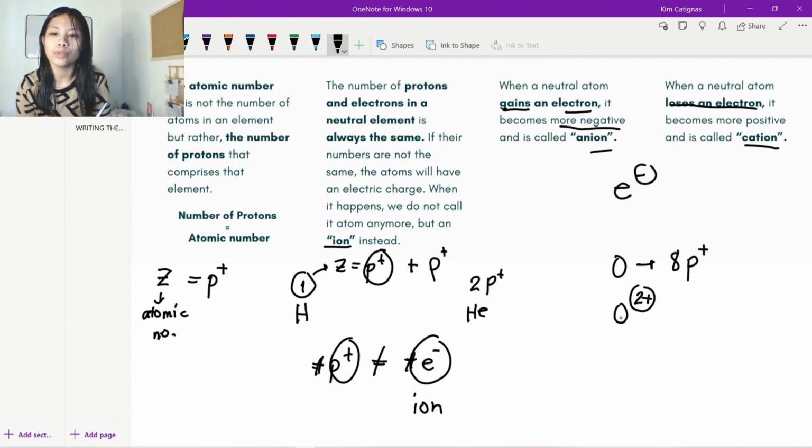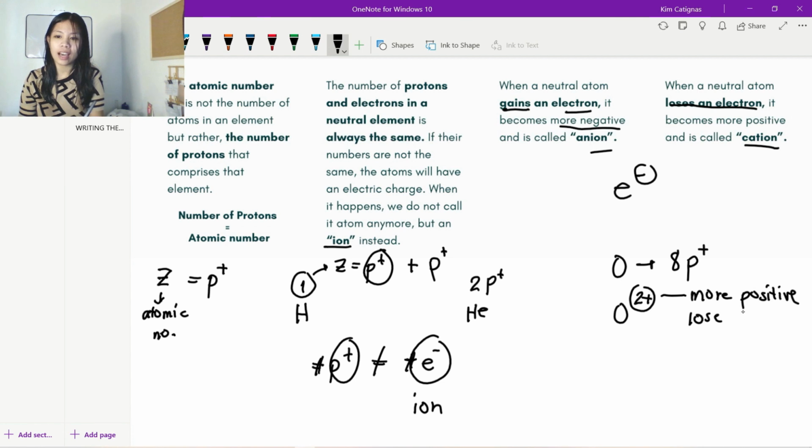Ibig sabihin po nun, naging more positive yung oxygen, and it means, dahil more positive na si oxygen, ibig sabihin, nag-lose siya ng electrons. Diba, sa neutral atom, equal lang protons tsaka number of electrons. So, ibig sabihin, 8 din dapat yung electrons nito. But since nag-lose siya ng electrons, ilan yung na-lose niya? 2.